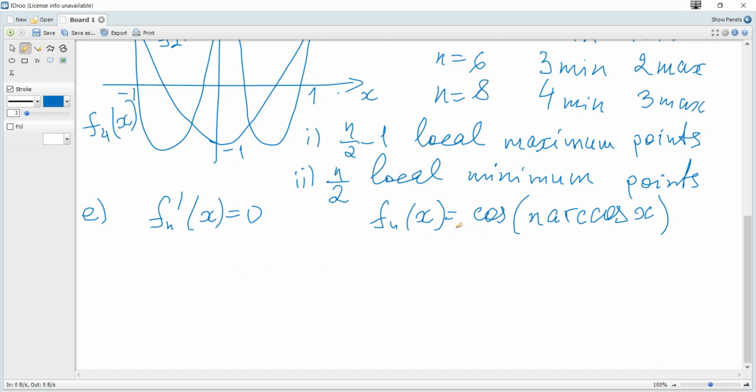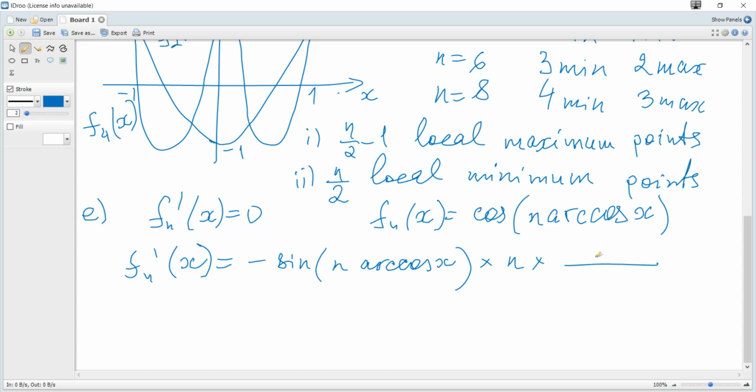Since it's a function of a more complicated argument, we should apply the chain rule. The derivative of cosine is negative sine, and we keep the same argument, so it's negative sine of n multiplied by arc cos of x, multiplied by the argument's derivative. The arc cos derivative formula is given in the data booklet, and it's -1 divided by square root of 1 minus x squared, and it should be equal to 0.